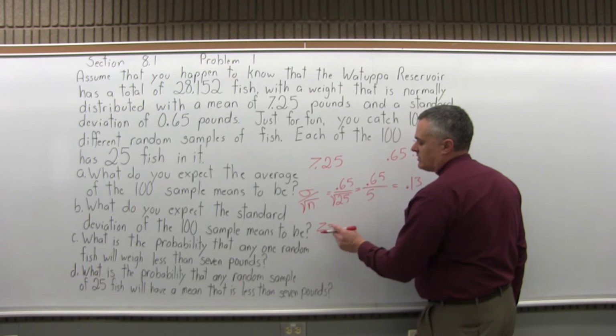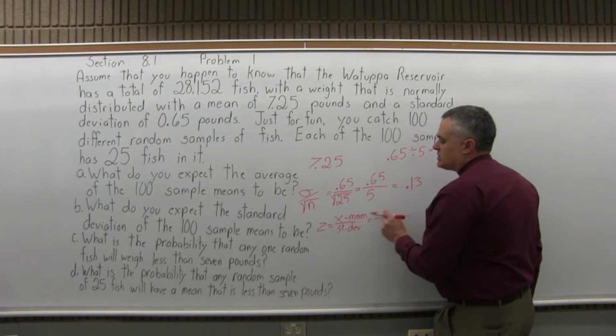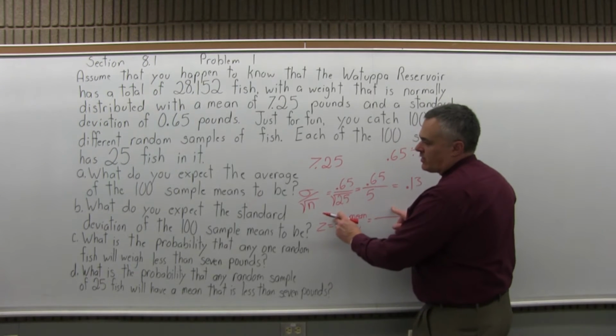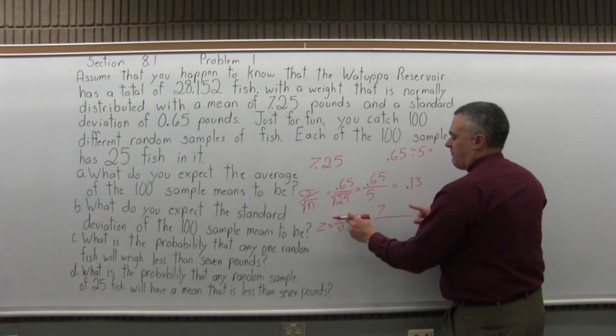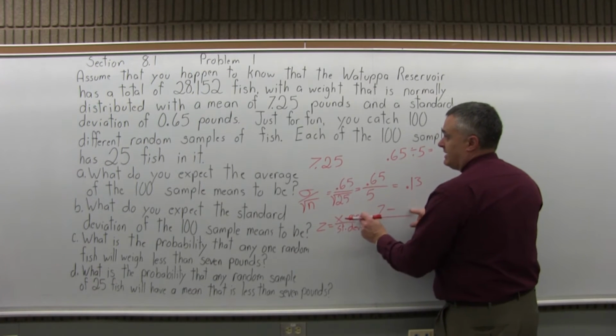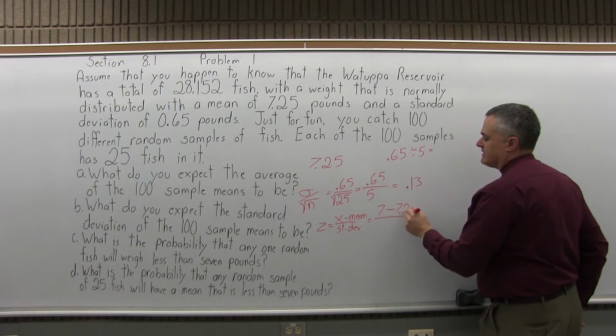So z equals x minus the mean over the standard deviation. x, the number we want to convert, is 7, the 7-pound fish, minus the mean. The mean of the population is 7.25. That's given.